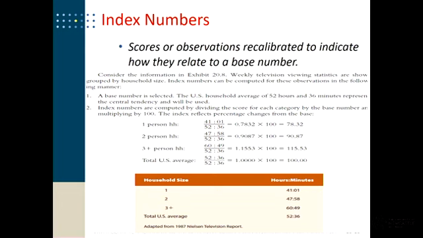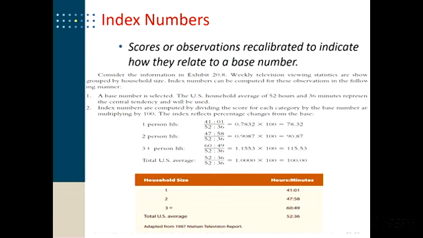Okay, S&P 500, that's an index of share prices. Okay, good. Anybody else? Consumer price index. Consumer price index, very good. Anything else? Okay, so most of us are familiar with index numbers.